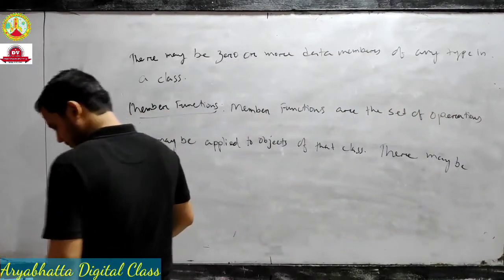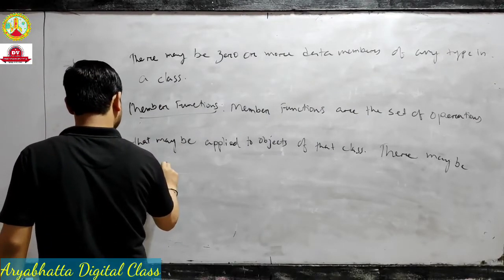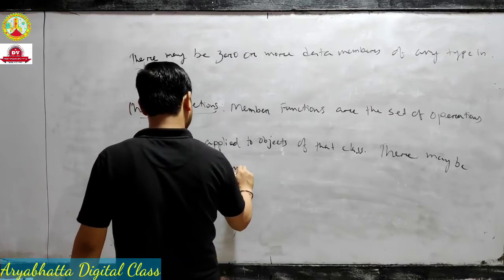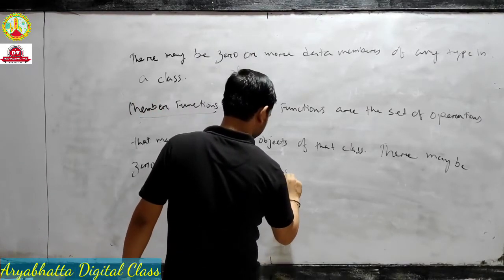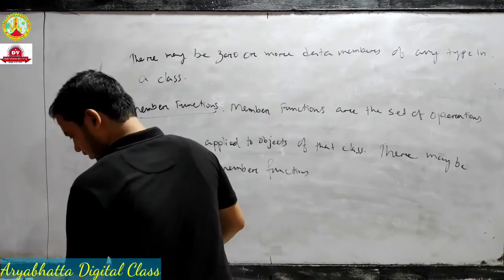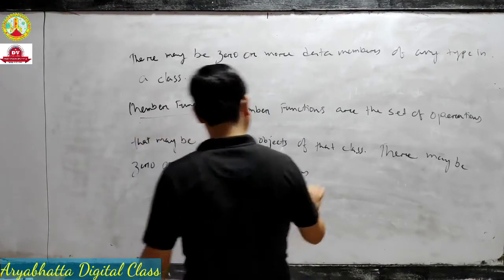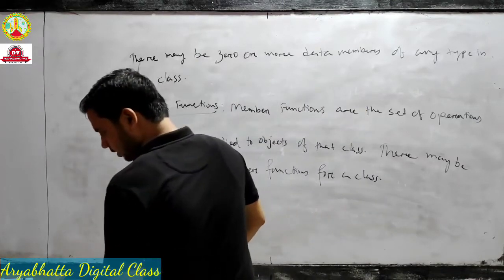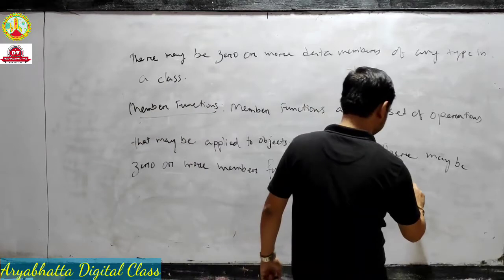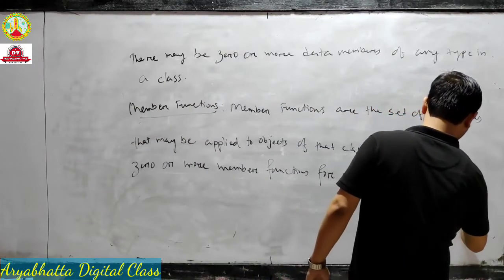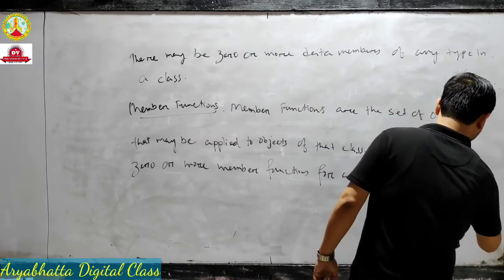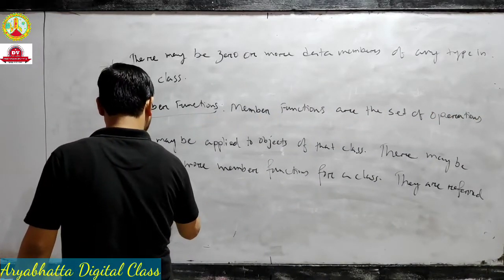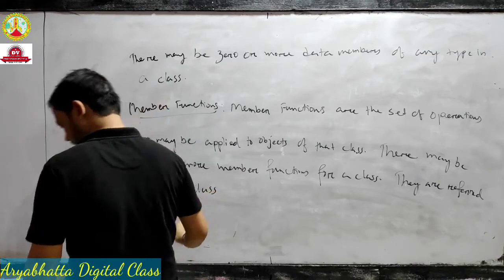There may be 0 or more member functions for a class. They are referred to as the class interface.